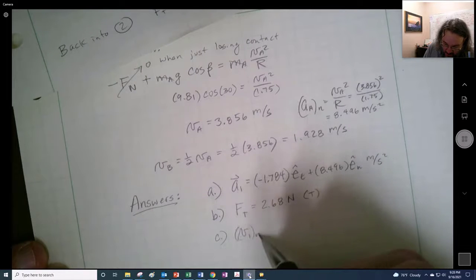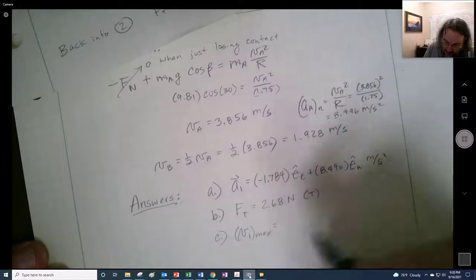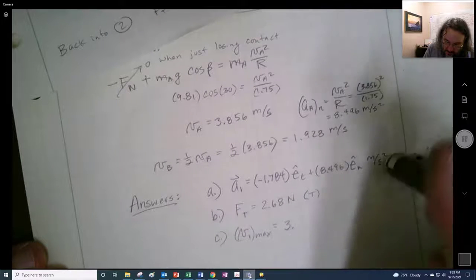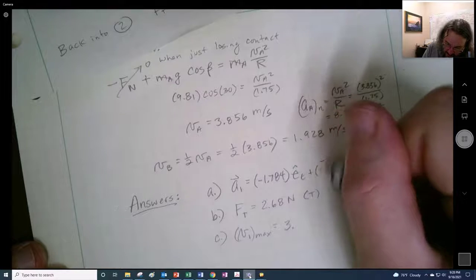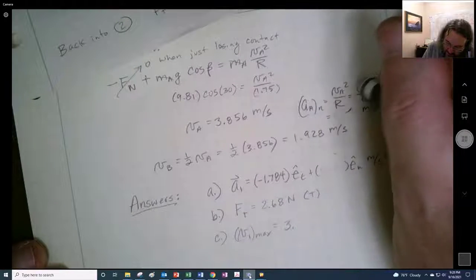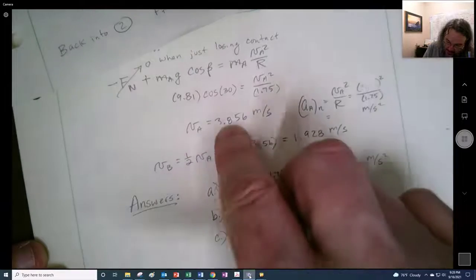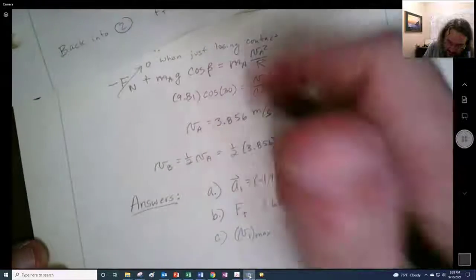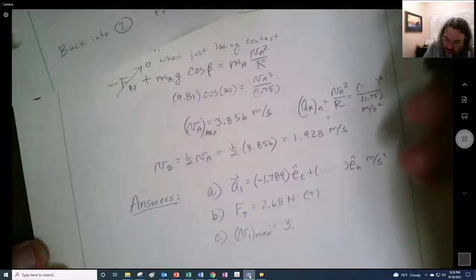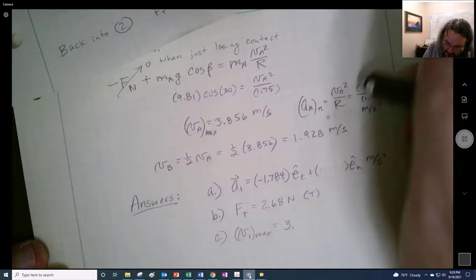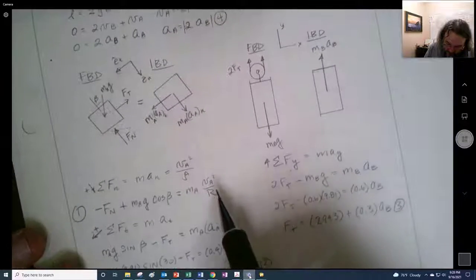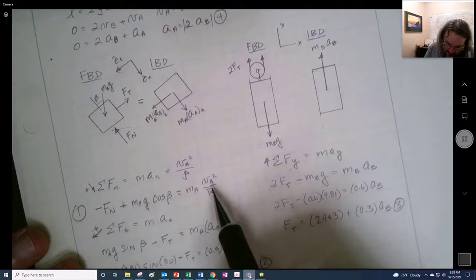And then V1 max to stay on the thing was 3 point, whoops, I just messed up. That's the maximum velocity right there, right? That's not the actual velocity. The actual velocity of the thing should be this right here, right?